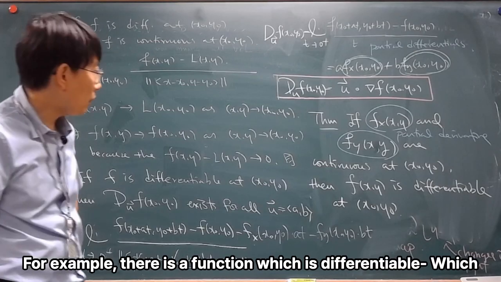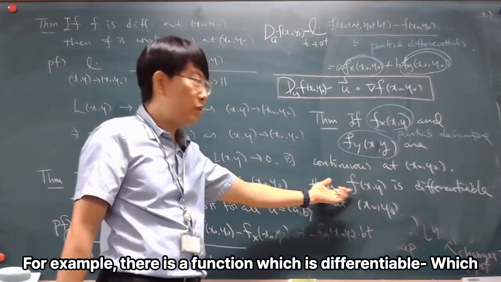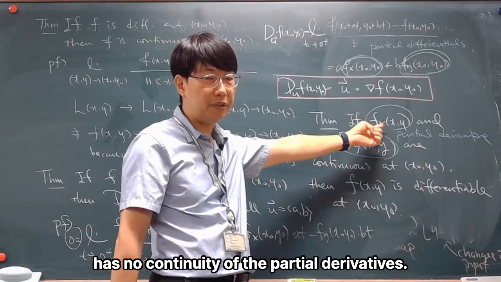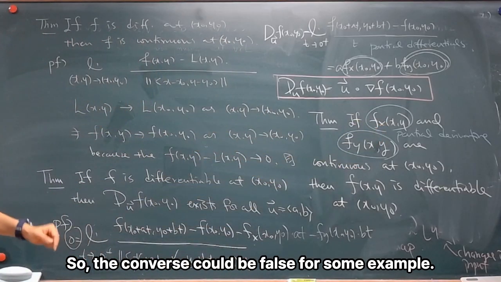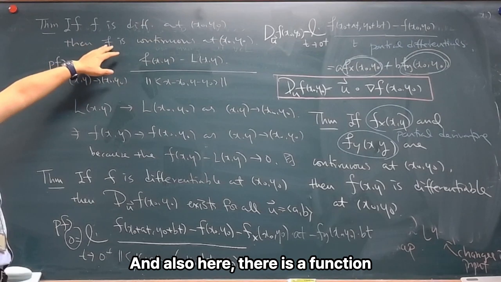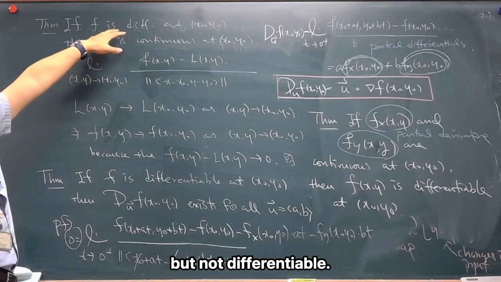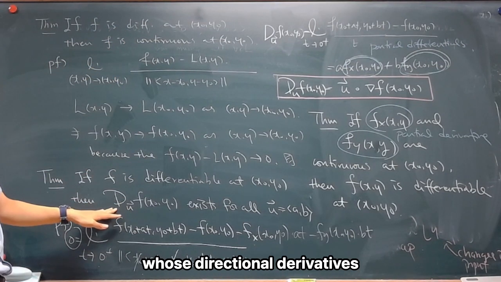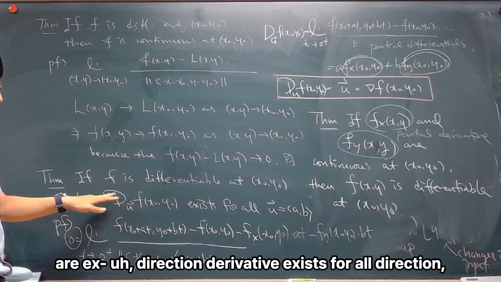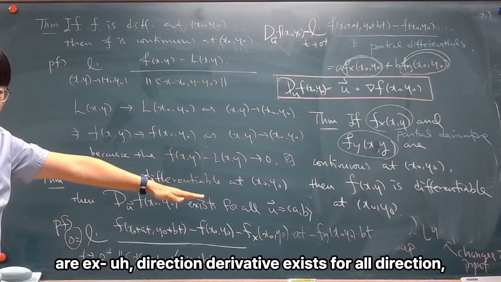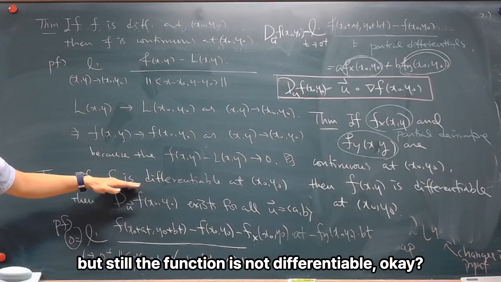For example, there is a function which is differentiable, which has no continuity of the partial derivatives. So the converse could be false for some examples. And also here, there is a function which is continuous but not differentiable. And also here, there is a function whose directional derivative exists in all directions, but still the function is not differentiable.